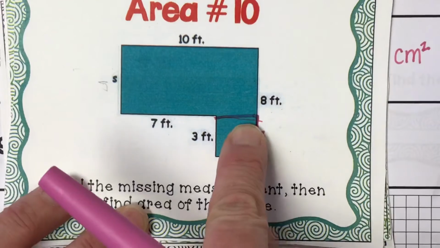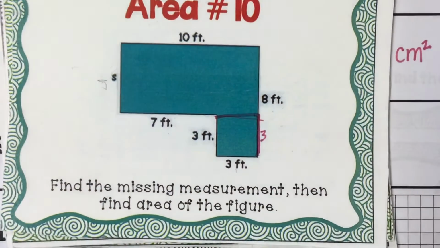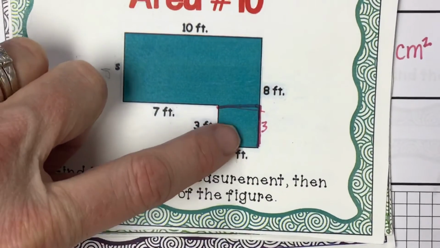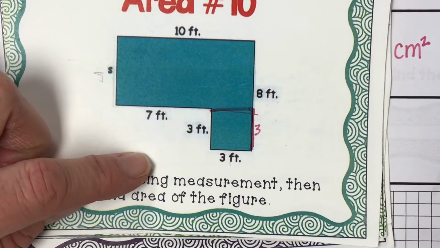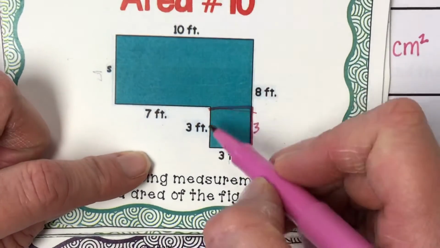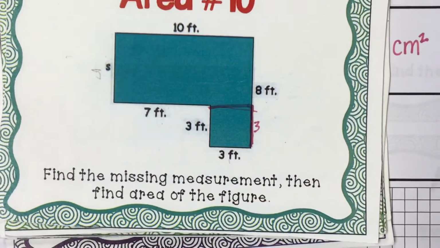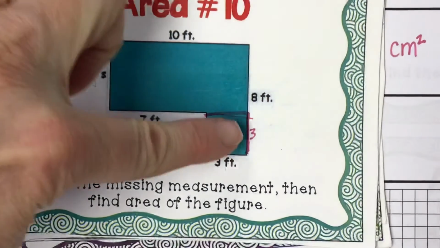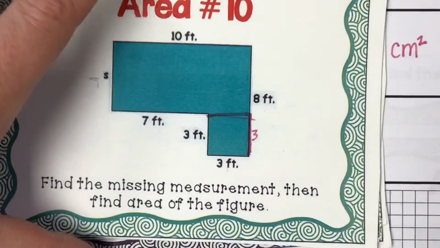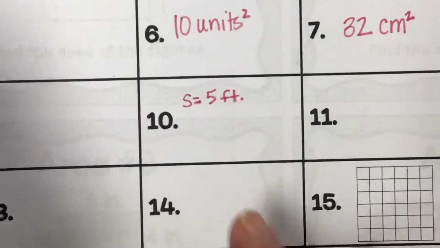What is the area of this rectangle? Dawson, what's the area of that rectangle? 9. It's 3 times 3, which is 9. So what is the total area? If this is 50 and this is 9, what's the total area? Let's see. 59.